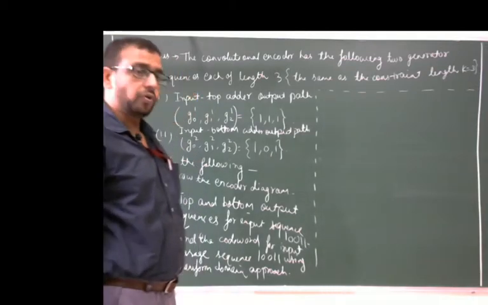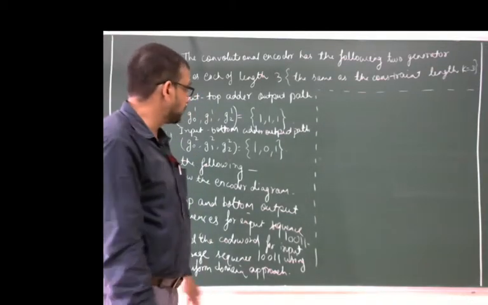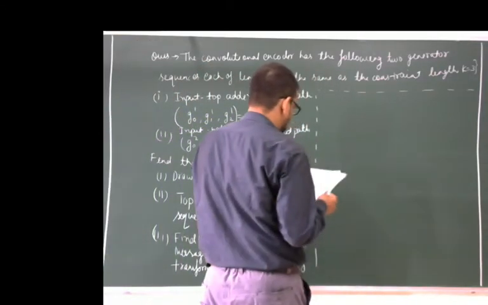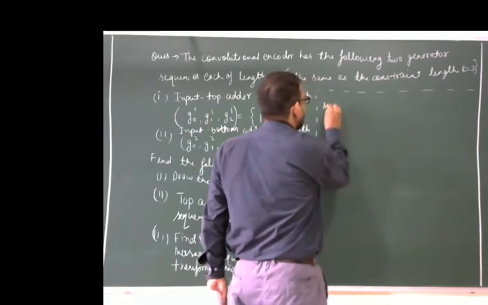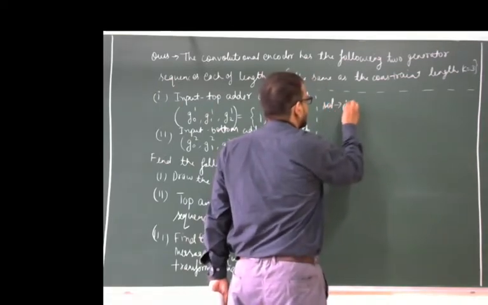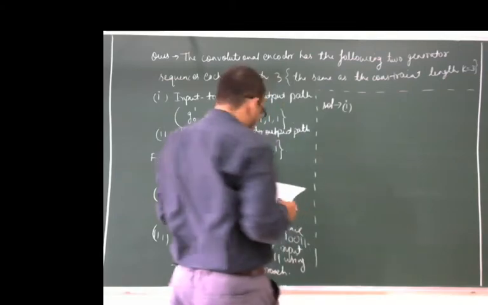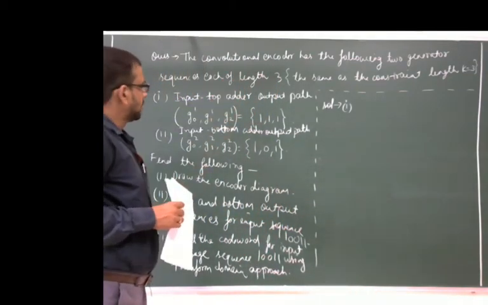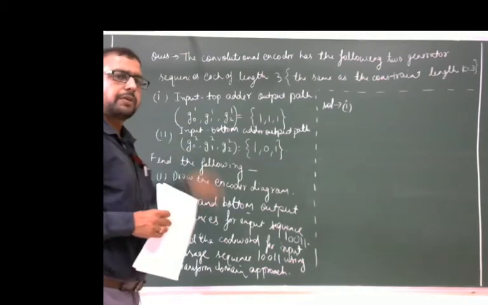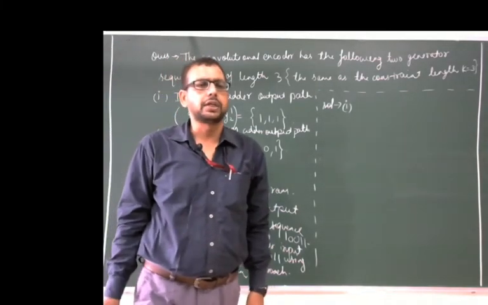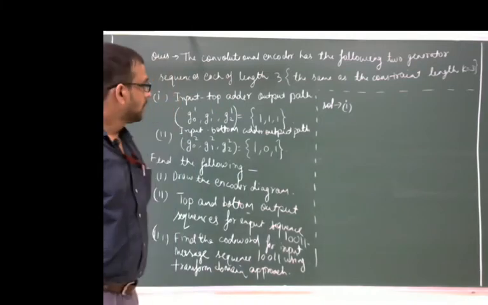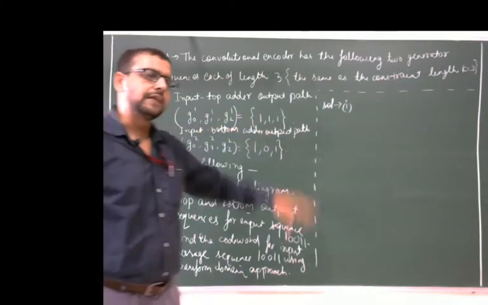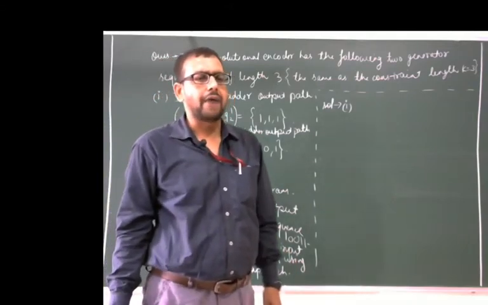Now in the solution, the first part is to draw the encoder diagram. Here we can say there are two generating sequences, which means there are two modulo adders used here, and we know the length of the generating sequence is 3. Now what will be the value of capital M?